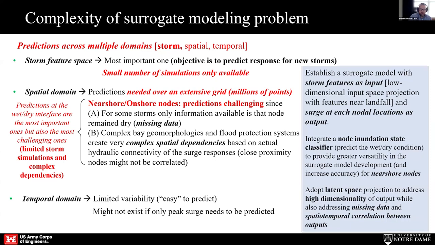We also adopt a latent space to deal with the challenge of the high dimensionality of the output. Other features of our framework are doing imputation to fill in missing data, and also taking into account the spatiotemporal correlation between the outputs.